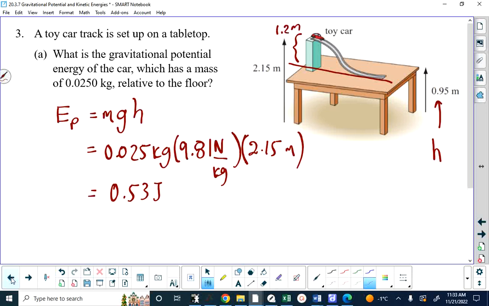And if I said that, how much potential energy does it have at the bottom of this ramp? Nothing, because it's at the bottom. So then you could just do one calculation. Go ahead and calculate mgh with that 1.2. You get the same number.